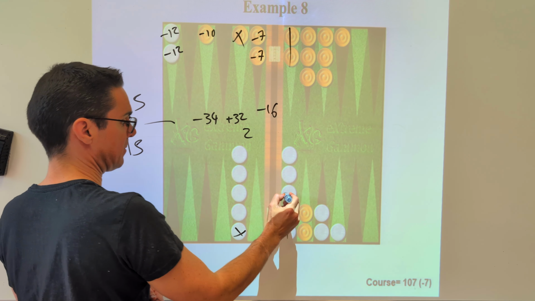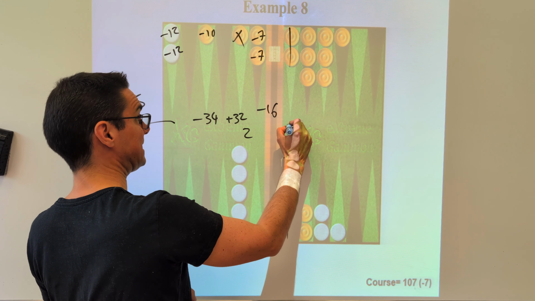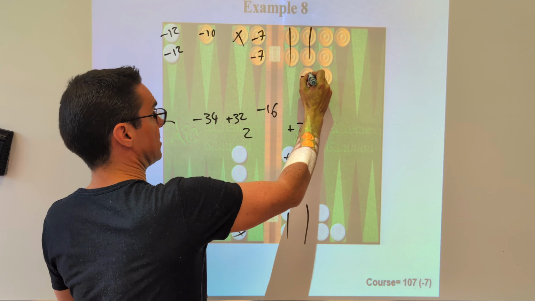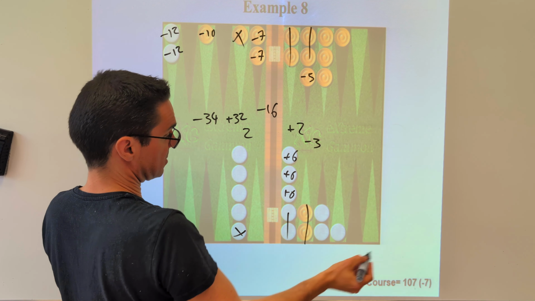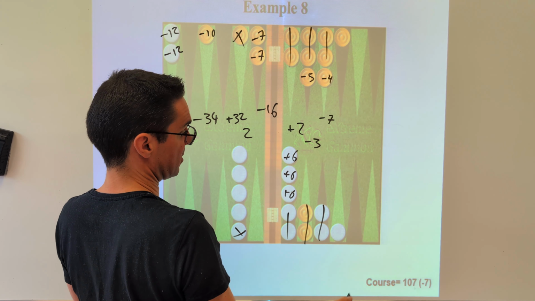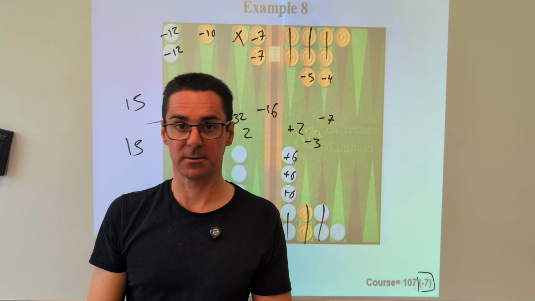Minus 16 plus 6 plus 6 plus 6 is minus 16 plus 18 is plus 2. Plus 2 minus 5 is minus 3. Minus 3 minus 4 is minus 7, and you have a deficit pip count of minus 7.